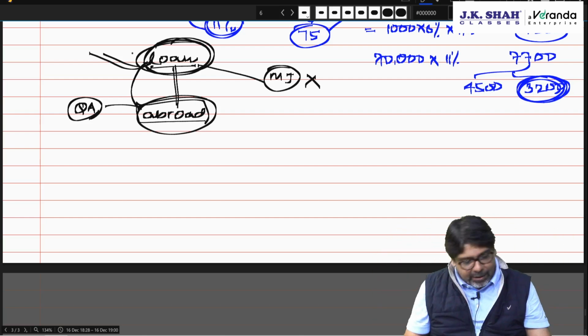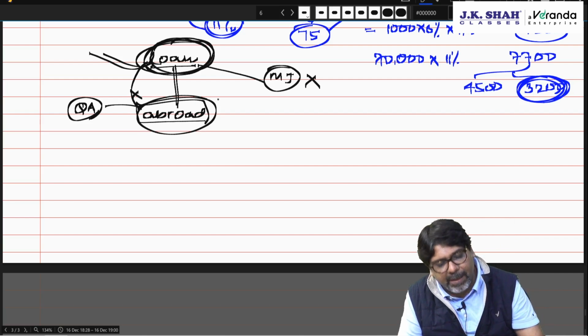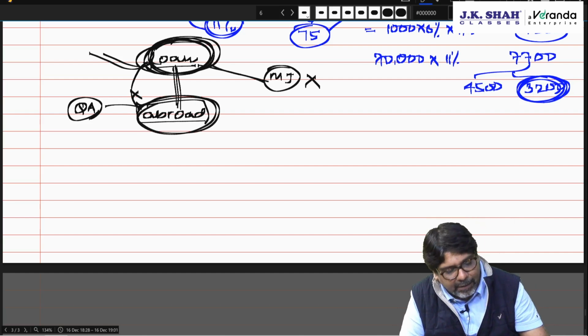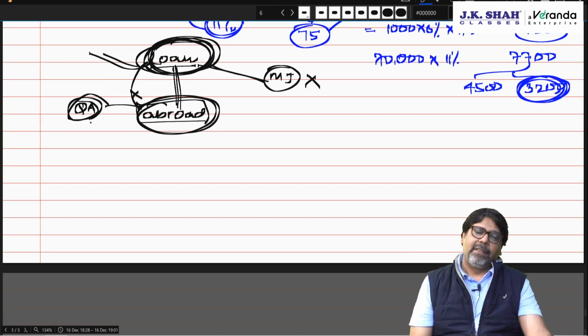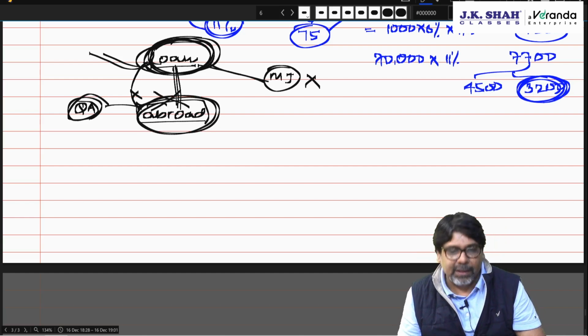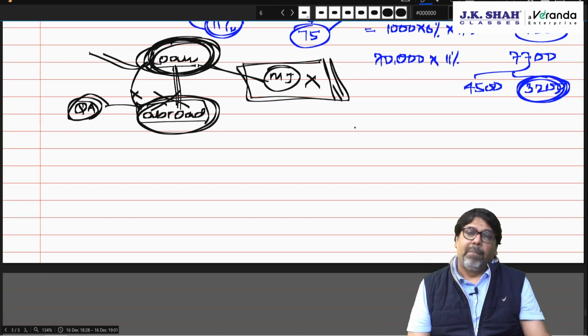So first is practical difficulty. The second is their logic: if you were not going abroad, this loan would not have been taken. Hence, whether you have used this loan for jewelry or for going abroad, you can capitalize it for abroad, since it is your qualifying asset. Understood? If you were not going abroad, this loan would not have been taken, because sufficient money is there for mother's jewelry.